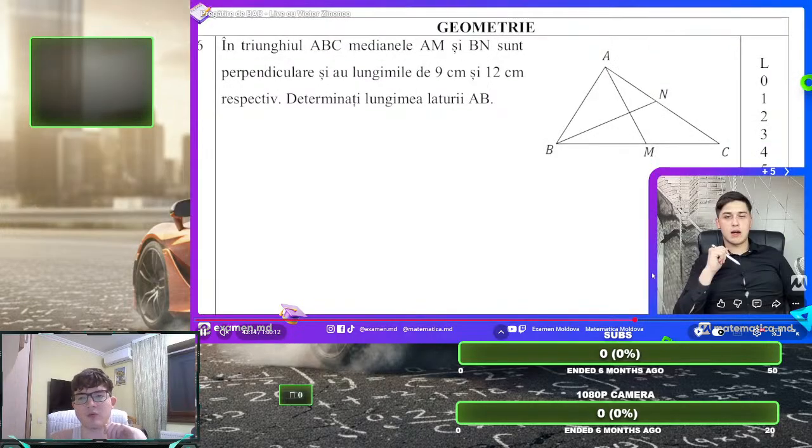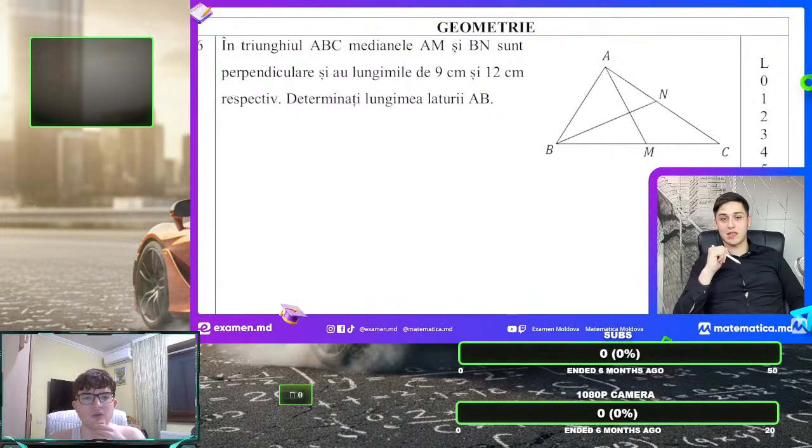I don't even see the drawing properly. So there we go. Triangle ABC, you can see the drawing. AM is 9, BN is 12. They are perpendicular, so they form 90-degree angles. So what we can do now, find AB.